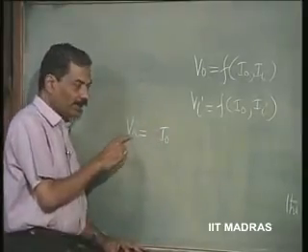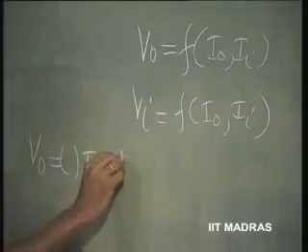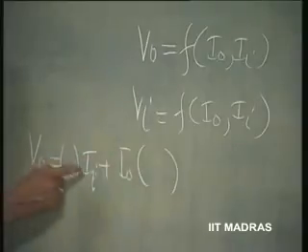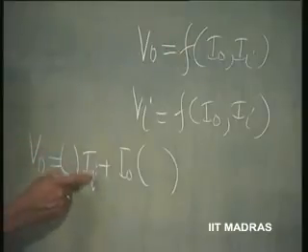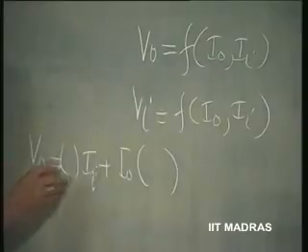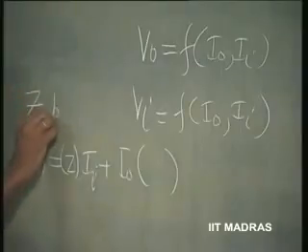Vo is equal to Ii into something plus Io into something. Factor, linear dependence. What are these factors? This is a voltage and this is a current. Current into impedance is voltage. So, dimensionally, this is impedance, though impedance is normally given as Z. So, these parameters are called Z parameters.